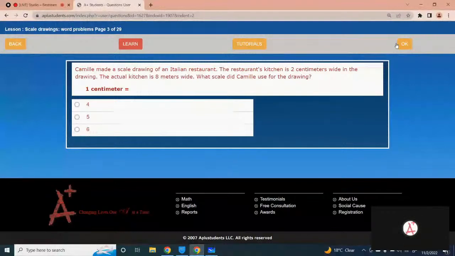Got it? So you have to find the scale. The restaurant's kitchen is 2 centimeters wide in the drawing, and the actual kitchen is 8 meters wide.